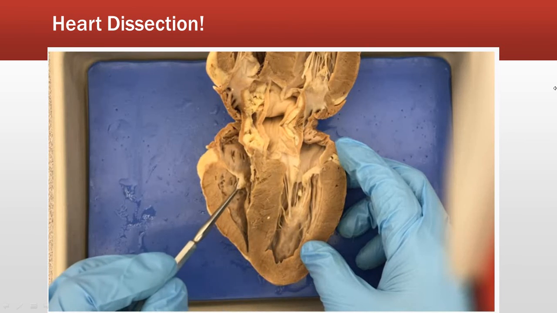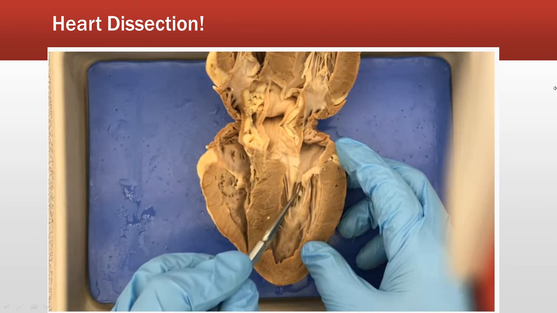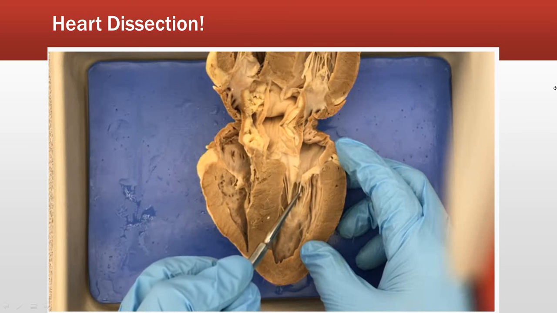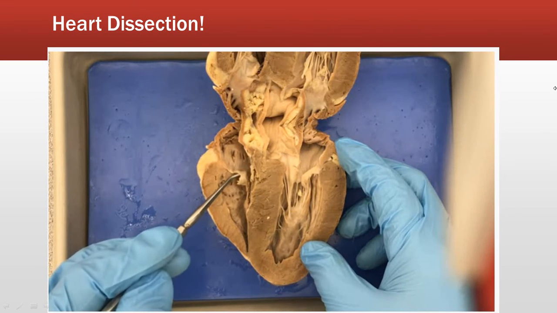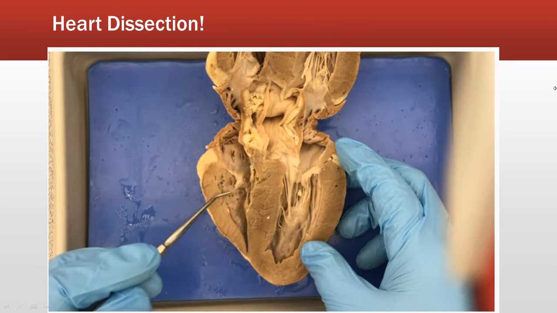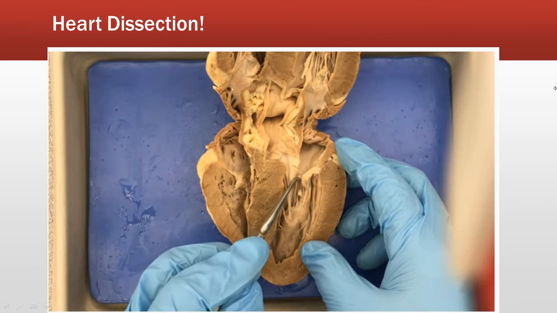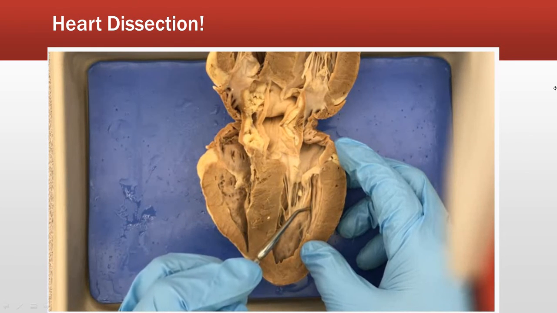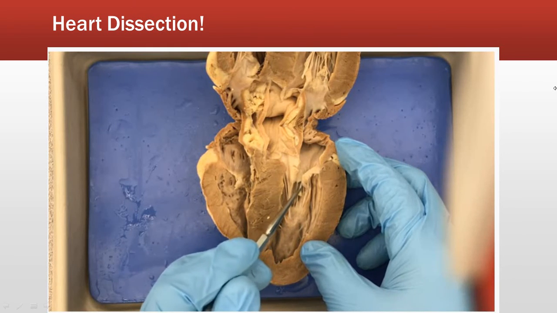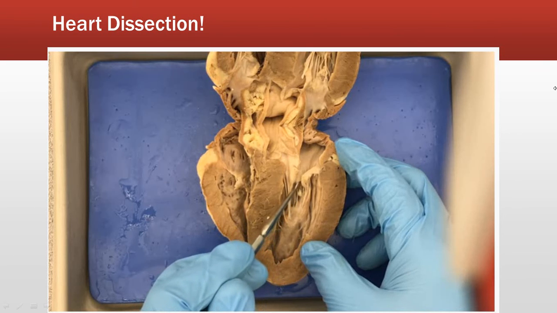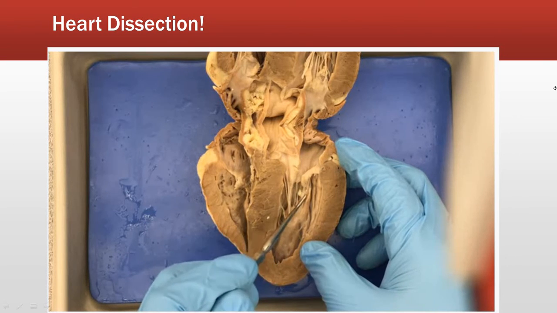There's three cusps here, and there are two cusps on this side. Or you can call this the right atrioventricular valve, and this is the left atrioventricular valve. And there's also a third name for this, which is the mitral valve. So mitral valve, bicuspid, or the left atrioventricular valve.